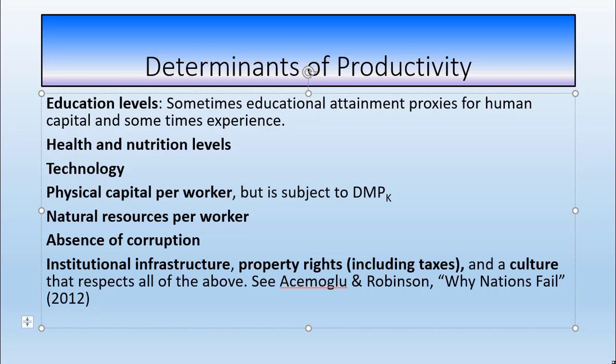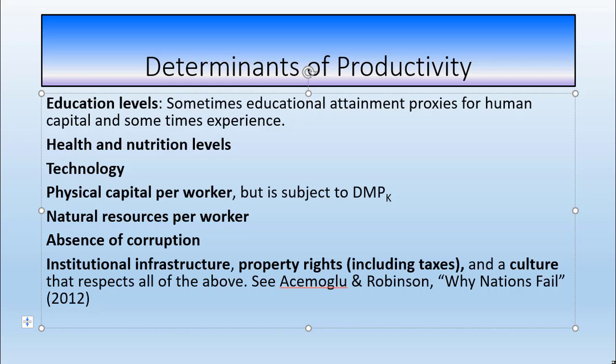It's an interesting area. One area that, for example, is education levels. Now, education levels vary dramatically from country to country, but they also vary from state to state. And education attainment levels are often a proxy for what's called human capital. And even sometimes experience is a proxy for human capital, meaning how much wherewithal you bring to the table for working a business.